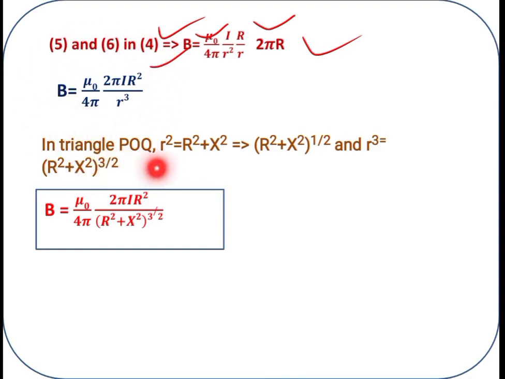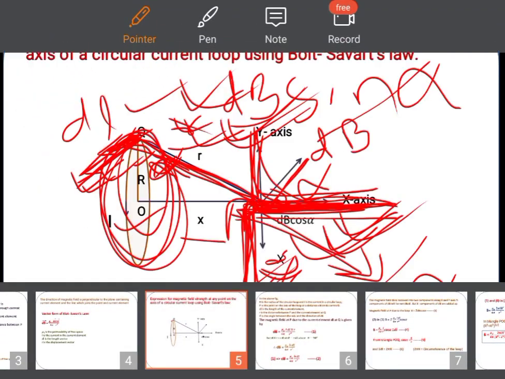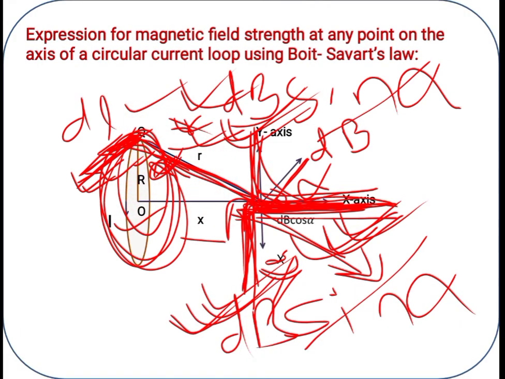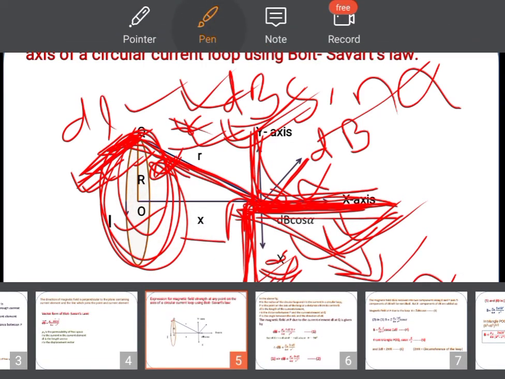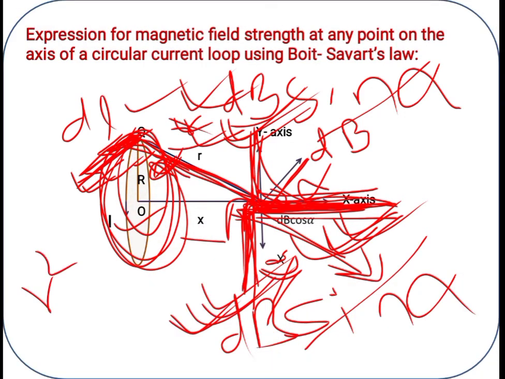From triangle POQ, this is P, this is POQ. From this triangle, what can we write? Pythagoras theorem. Is it not that r square is equal to capital R square plus x square? Can we write like this? r square is equal to capital R square plus x square.